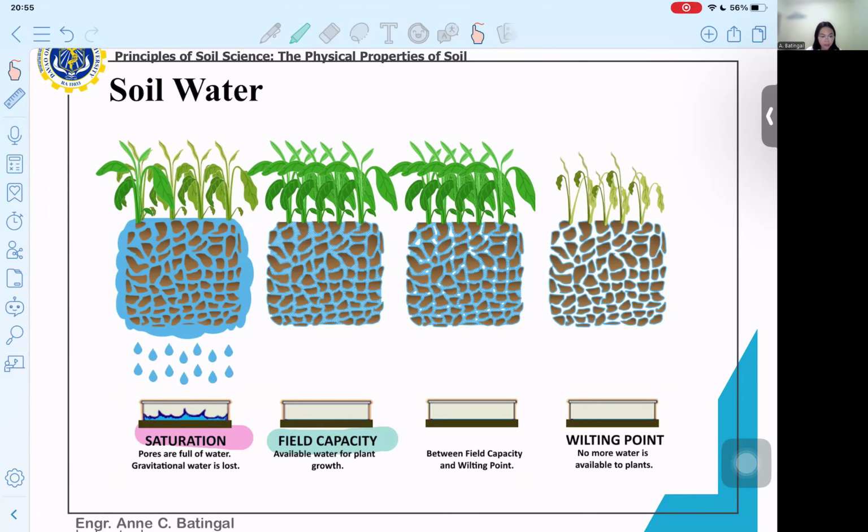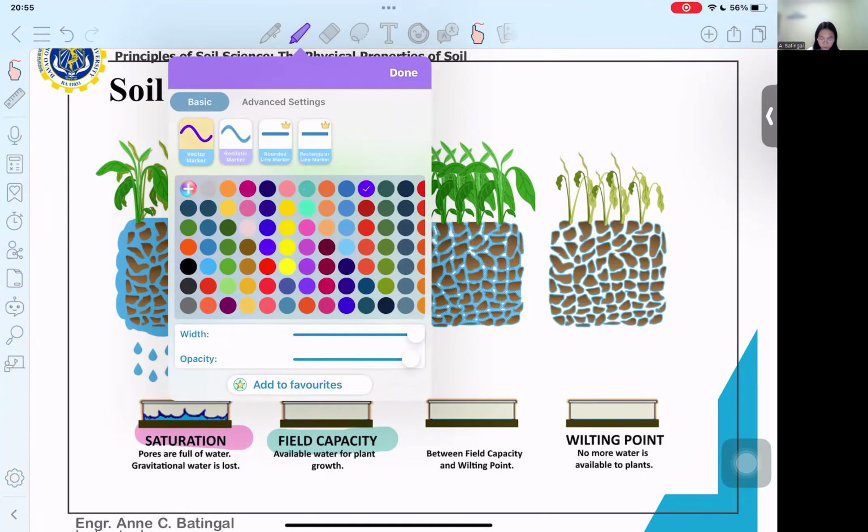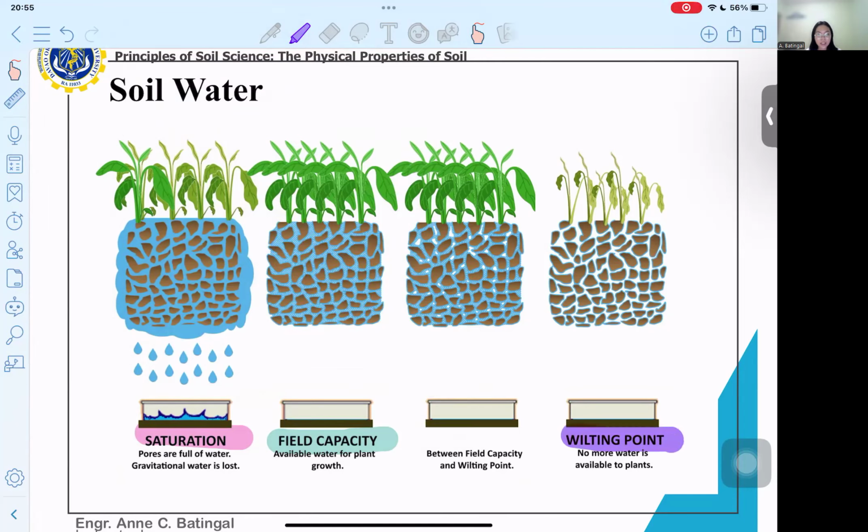Now, the wilting point. This happens when the water stored in the soil is taken up by the plant roots, and some of it is evaporated. After irrigation or after a rain, plants use the water.